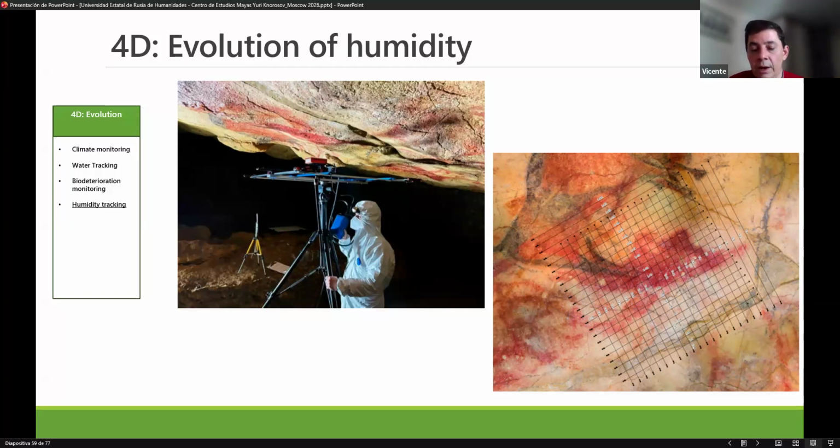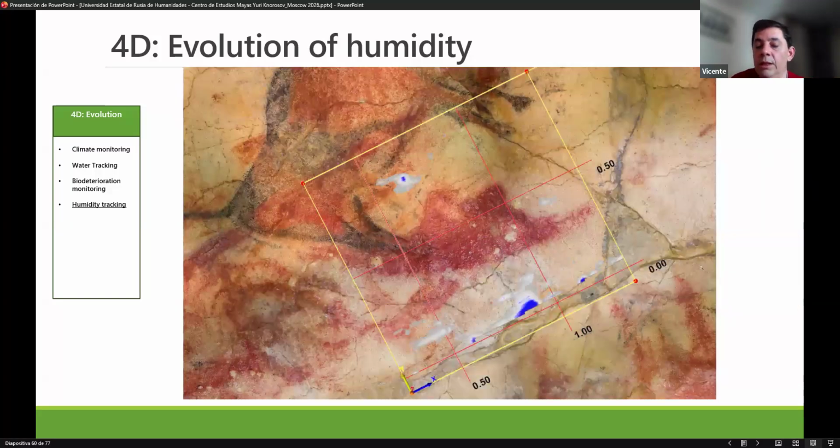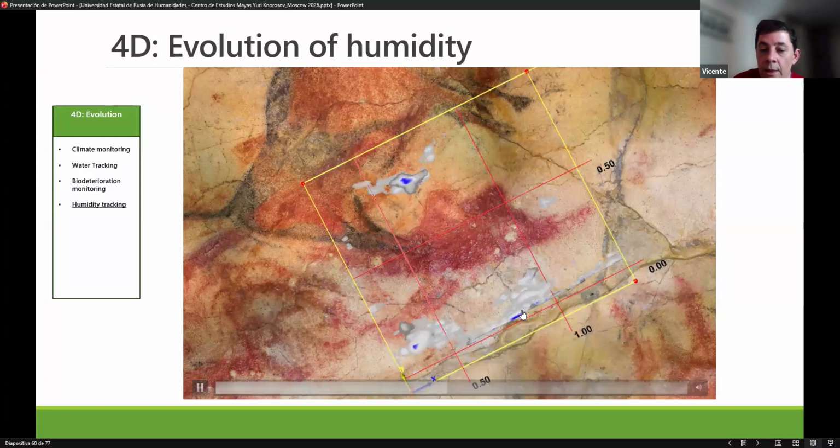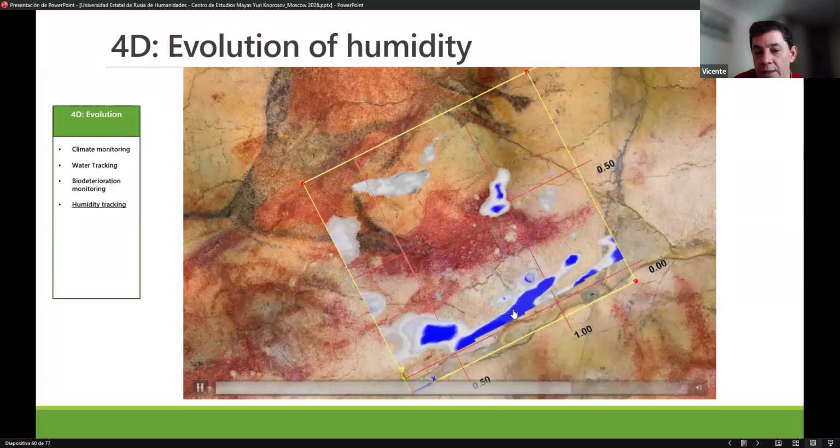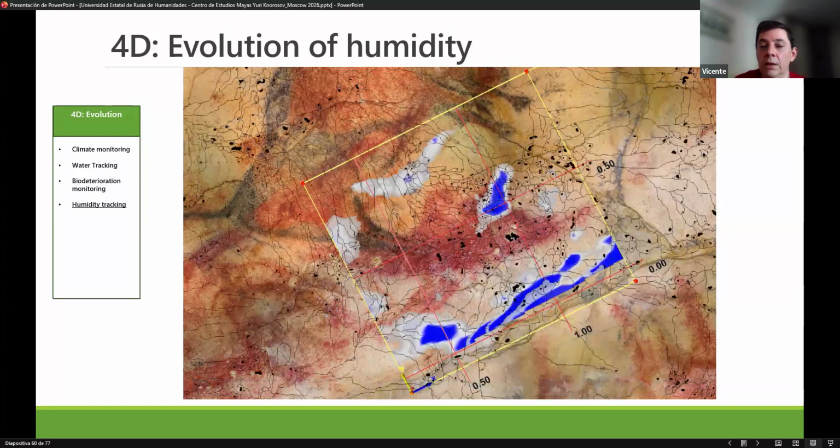So through GPR, we have modeled this. These are the slices. Look, this is the main fracture of the cave, this part, and the blue are the areas with highest humidity. And here, this is the area closest to the surface.